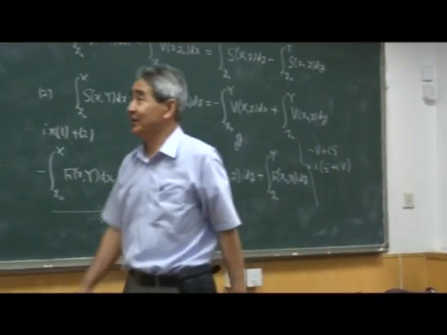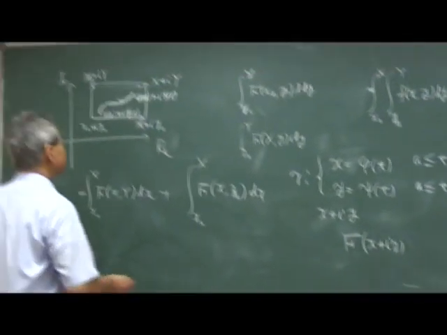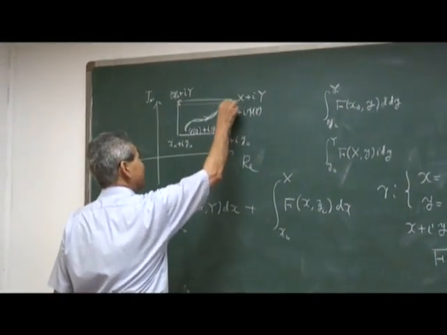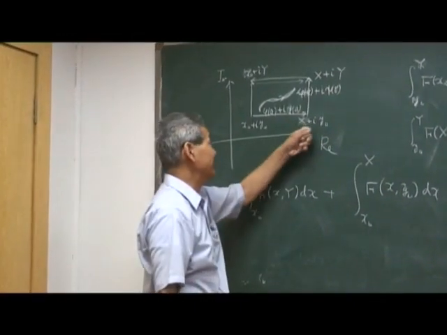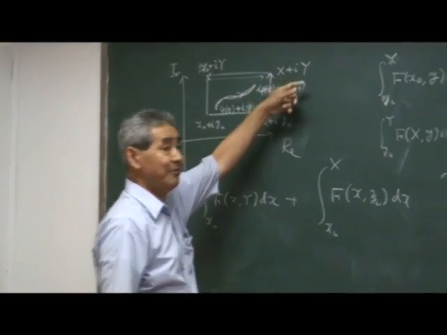So let's come back to our original one. What is this path? How can you express this path joining x plus iy0 to x plus iy?